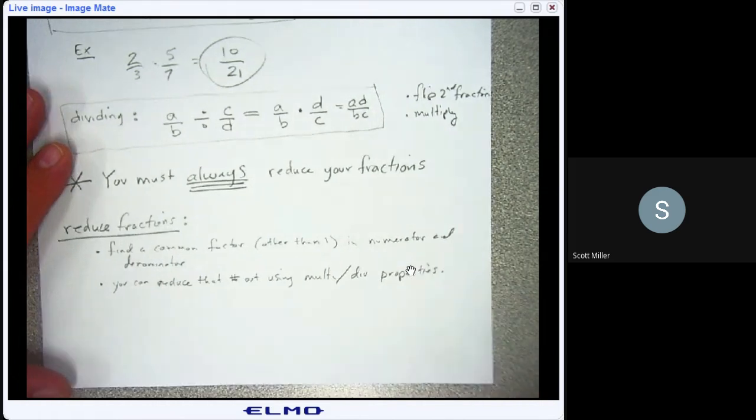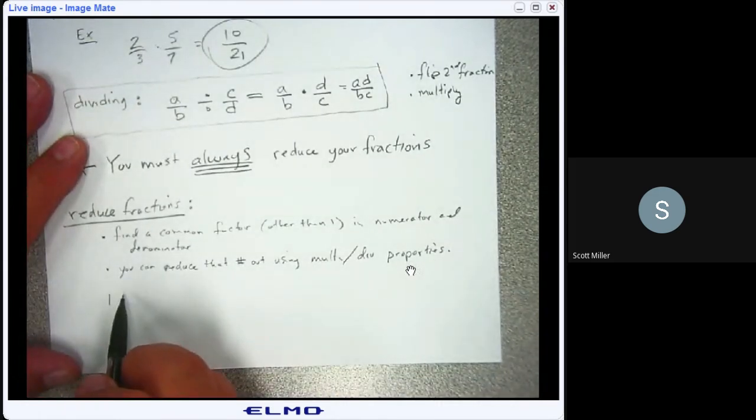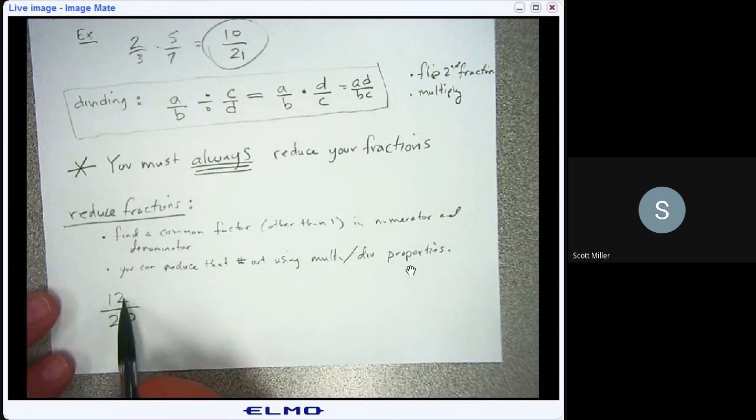So how does that work? Let's find a fraction that I can reduce. Let's say I did a problem and I got an answer that was 12 over 20. And I want to know, does this reduce? Well, I'm looking for numbers that go into 12 and numbers that go into 20.